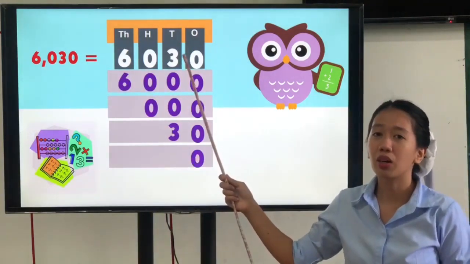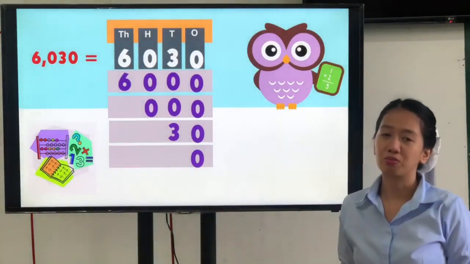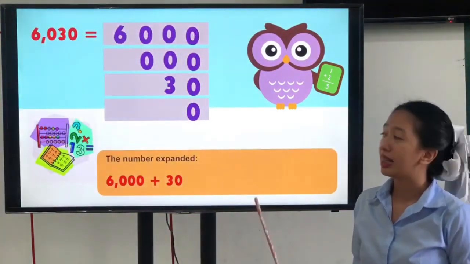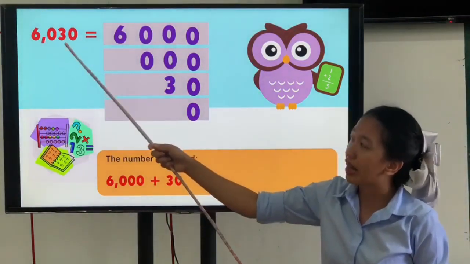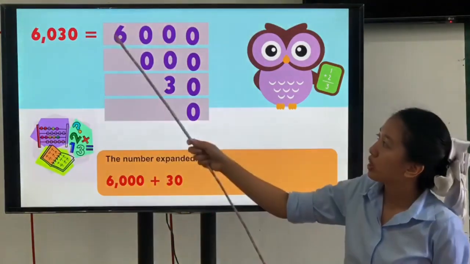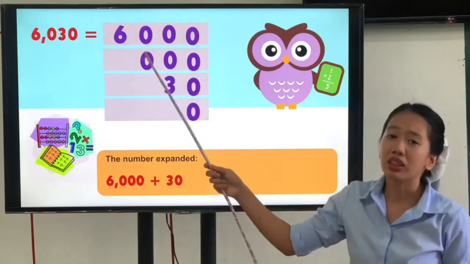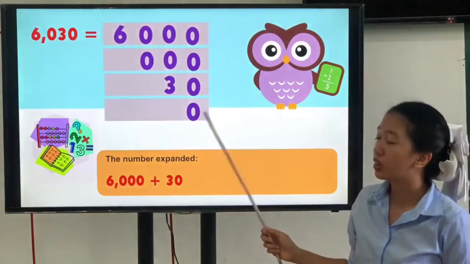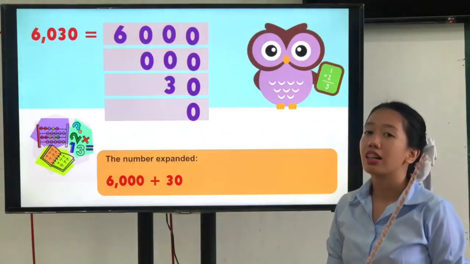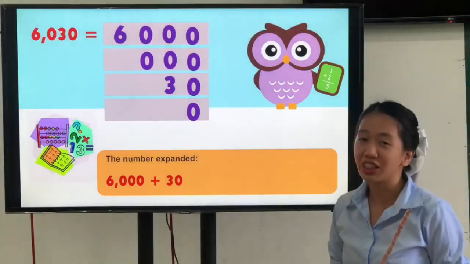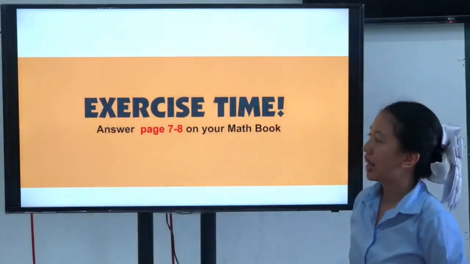What is the value of our ones? Okay, 0. So let us put 0. Now, let us write the expanded form of 6,030. So 6,000 plus 30. We will not put the extra zeros anymore because it is redundant.